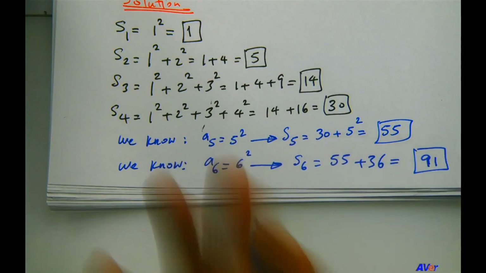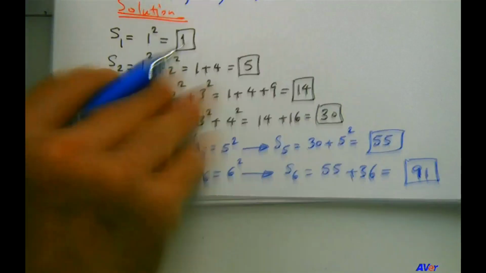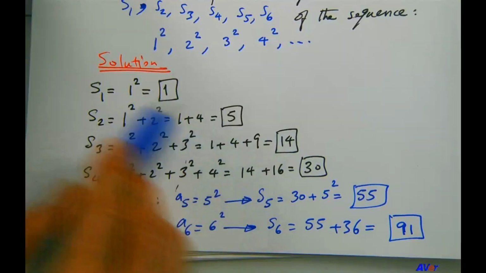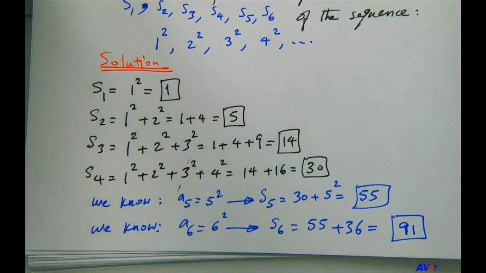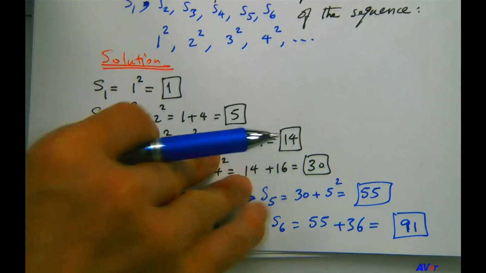So given the individual members of the series or the sum, we can go back and calculate a formula for the sum. Okay, so let's do that.